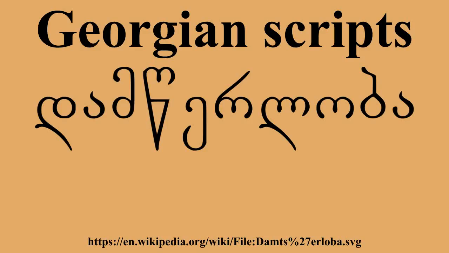Kiknadze, B. Georgian Script in the Writing Systems, Tbilisi, 1990. Hewitt, B.G. Georgian: A Structural Reference Grammar. John Benjamins Publishing. ISBN 978-90-272-3802-3.